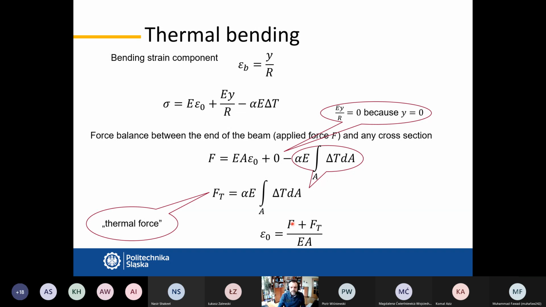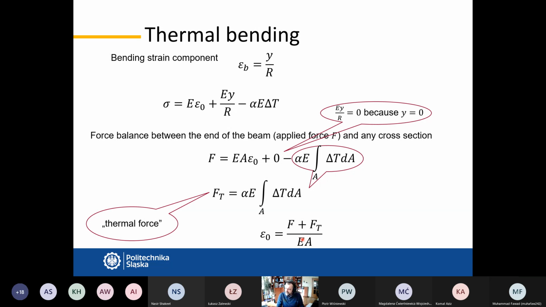So now we can solve for epsilon, the strain at the centroid axis. This is the mechanical force applied to the system plus the thermal force, divided by E times A. This is one thing which occurs. The other thing in bending is the distribution of stresses, where we have to fulfill another equation of equilibrium.